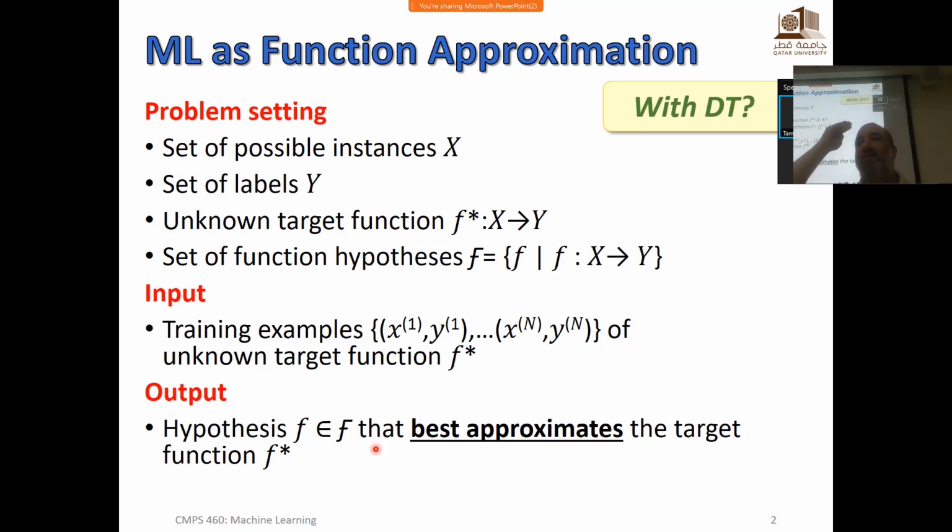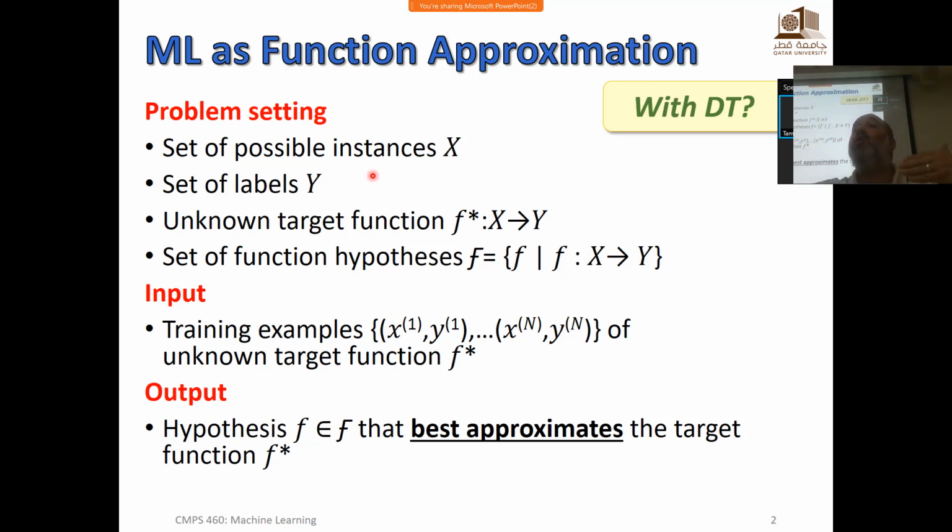So we will formalize any supervised machine learning problem as we have here in the slide. We have the set of possible instances, X, labels, an unknown target function that we want to approximate, and a space of possible functions. The specific input is the pairs, the labeled examples, right? We have specific training examples, not all the possible instances, of course.